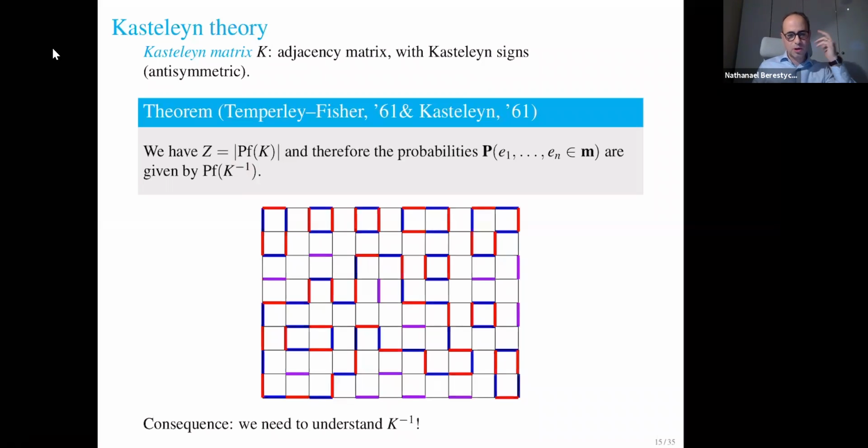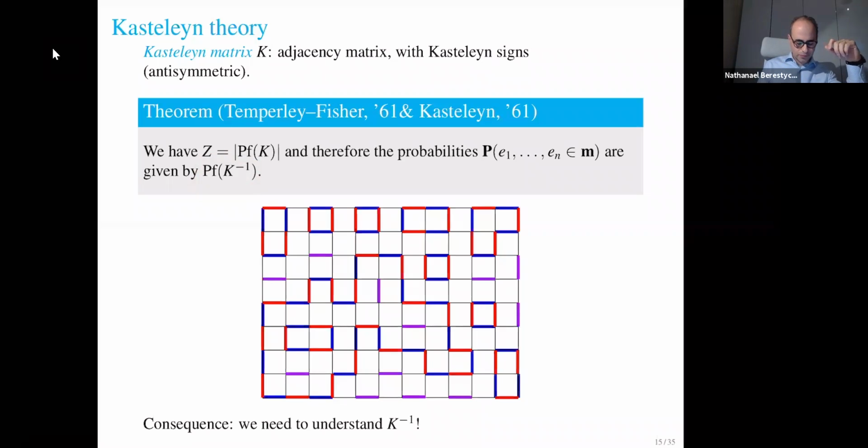And in particular, something which is even more crucial is that if I'm interested in computing the edge correlation function of the model, so the probability that this edge is in the dimer, that edge in the dimer, etc., it's given by the Pfaffian of the matrix K inverse.